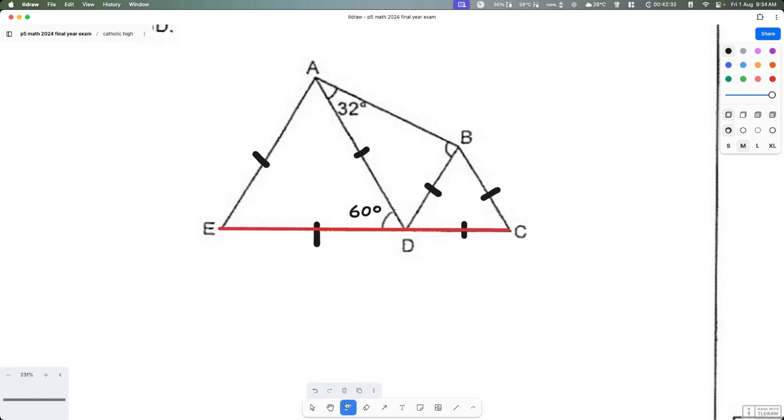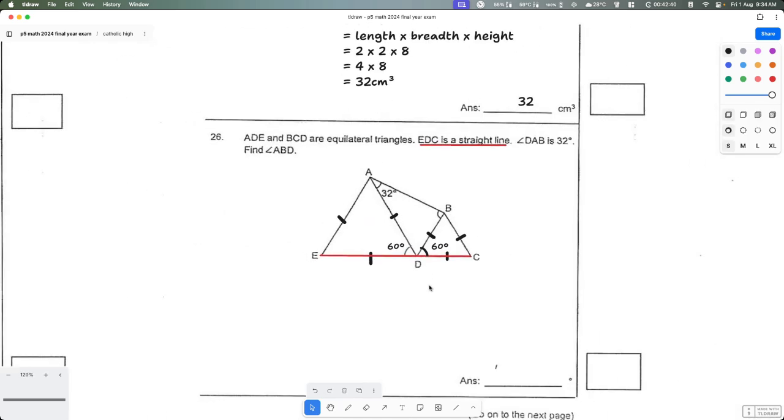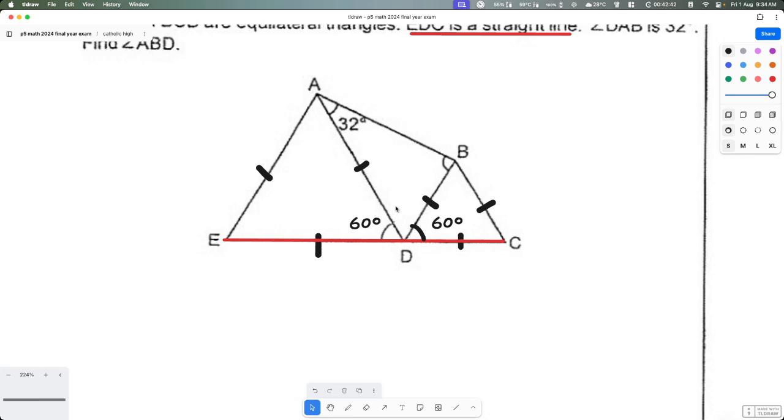And then this one is also 60 degrees. So in this case, can we get this over here? I'm going to draw this in a different color, maybe green.